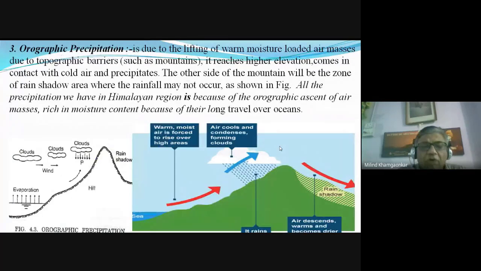The next is orographic precipitation. This orographic precipitation occurs in the hilly area or the mountainous area.